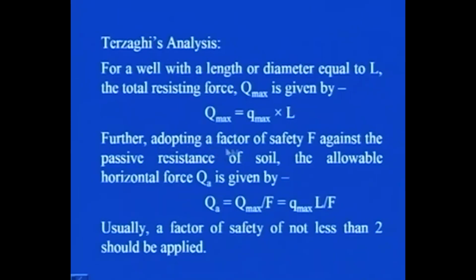Further, adopting a factor of safety F against the passive resistance of soil, the allowable horizontal force QA will be given by Q max divided by the factor of safety, which results in small q max into L by F. Usually this factor of safety is adopted not less than 2. So, you should adopt a minimum factor of safety of 2.